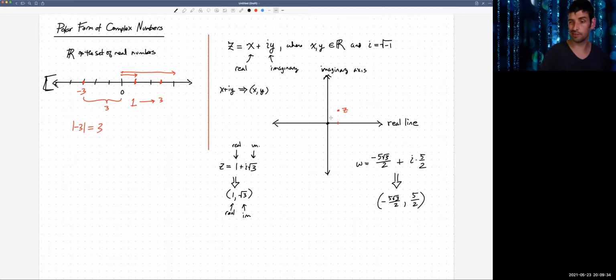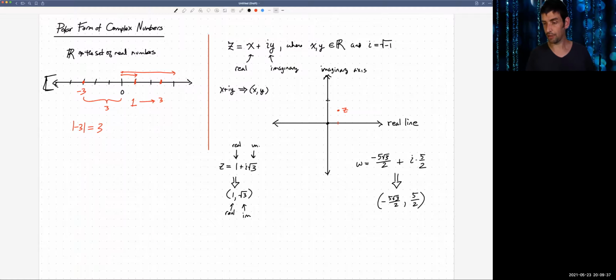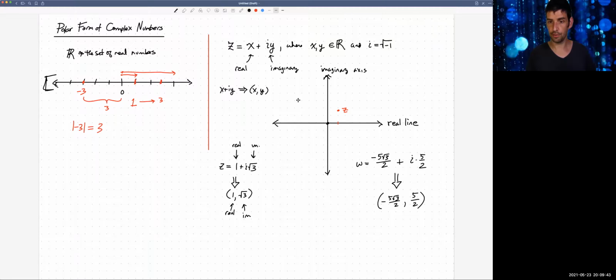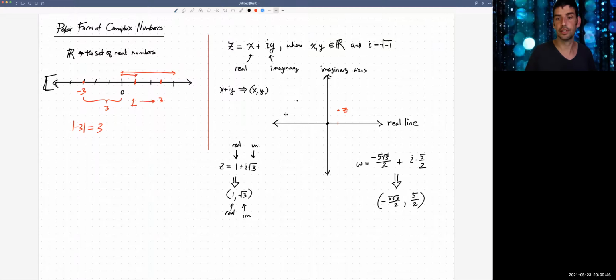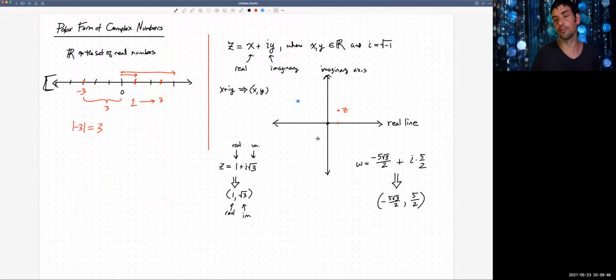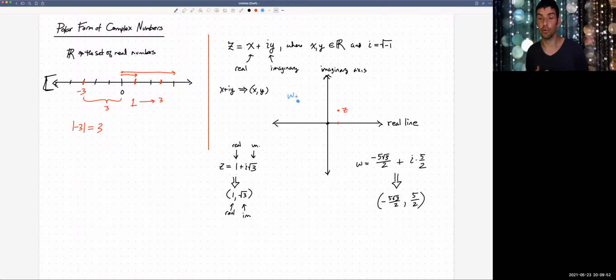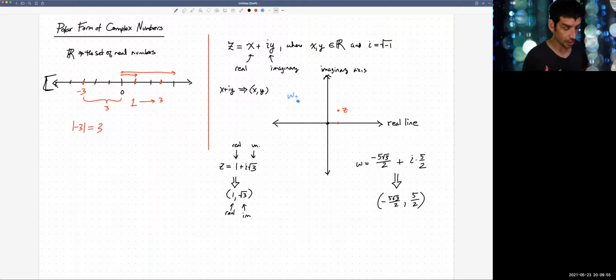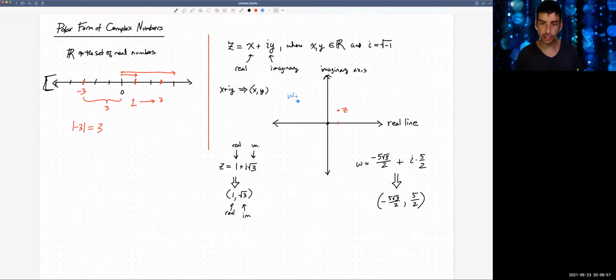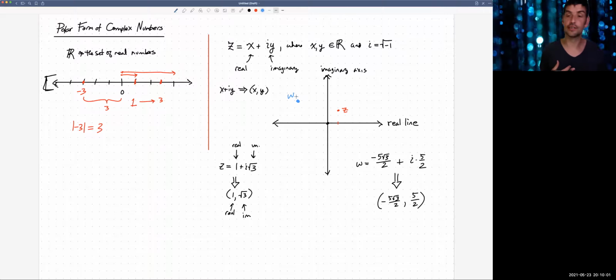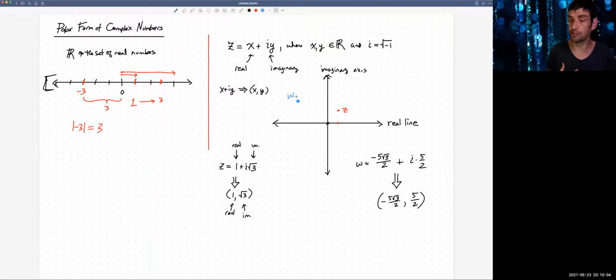So out here, there's 2.5 up, and we're going to the left. It's a little harder to estimate, somewhere about right here, I believe. I'm eyeballing this, right? 2.5 up, and this number to the left, that's going to be our point w. Okay, so there's our first piece of geometry for these, so we can picture these things in the plane.